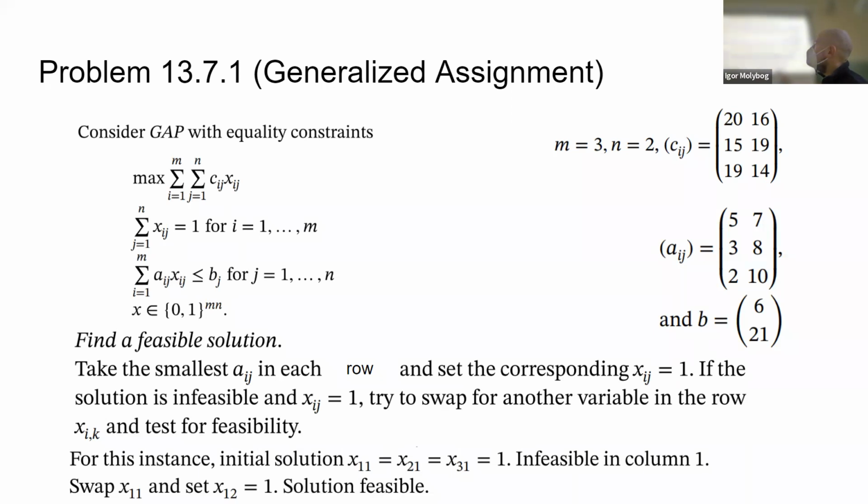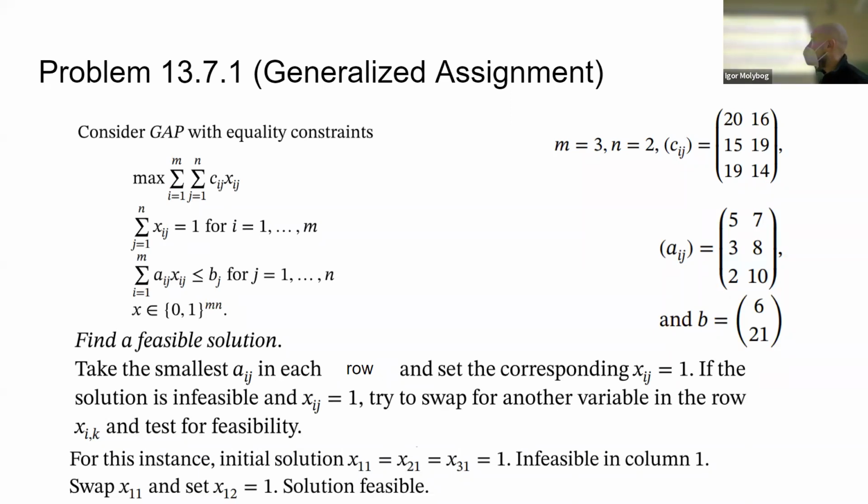On the other hand, you have an inequality for a column. For a column, the sum over the Aij's where we have ones in the matrix X should be less than or equal to the corresponding B. We would need to take that into account.